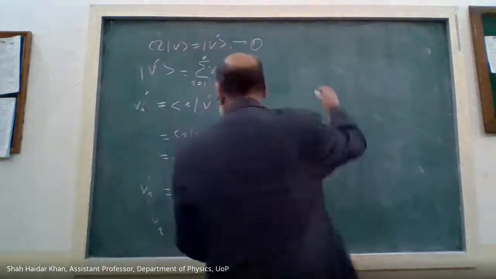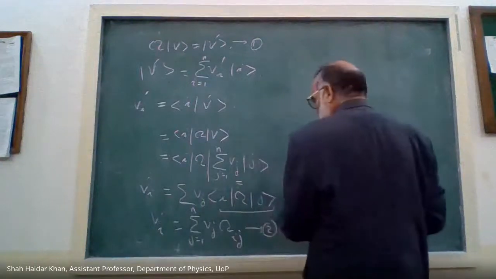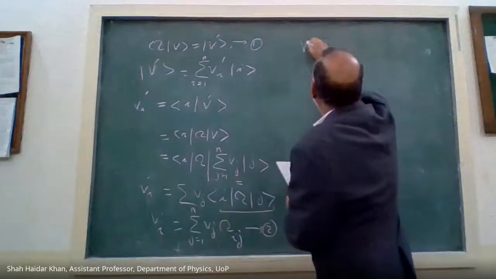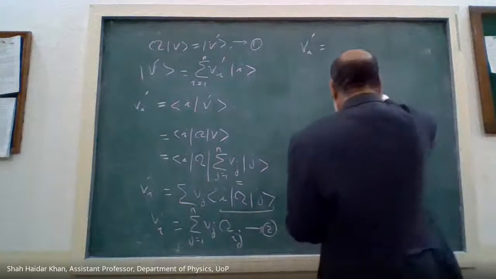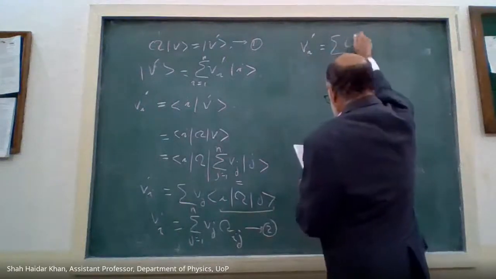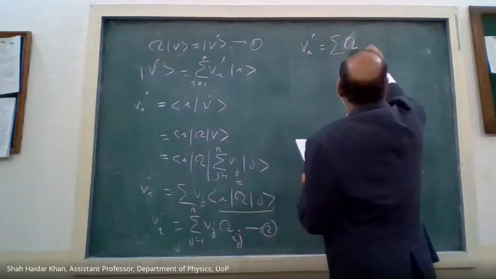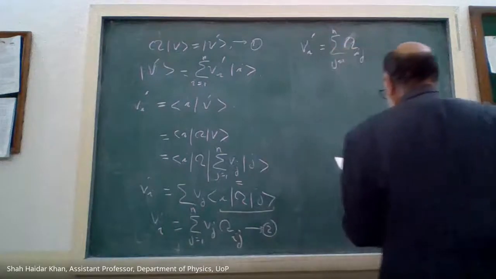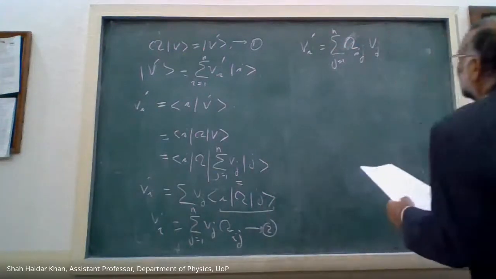So let us write it in this form, right? And remember, this is j, the j value is here. So Vi prime is equal to the sum over j from 1 to n of omega ij and Vj, right?